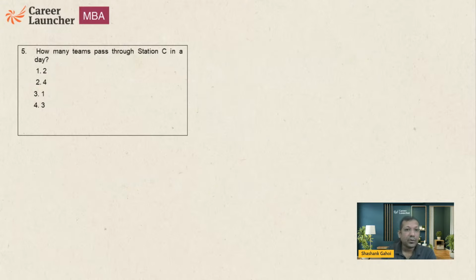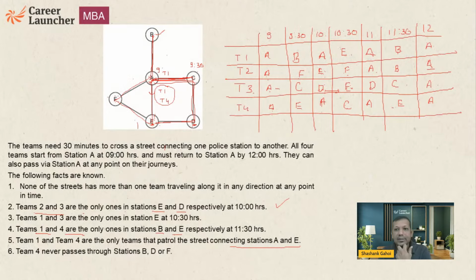In this question I am a little bit doubtful. Let's see. So here, team 3 at 10:30 is at D, and team 2 is at E, then A, F, E. Then after that, it can go to F, then A, then B, and it can come back to A. That is a feasible arrangement.